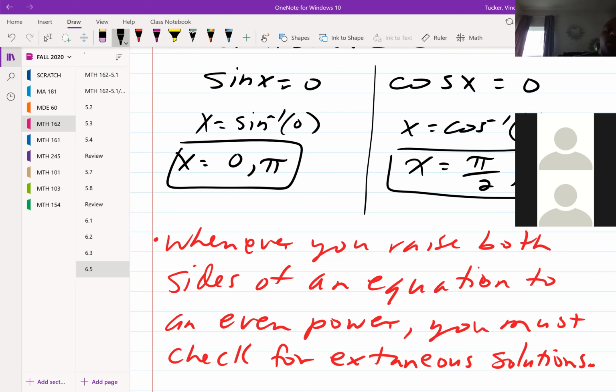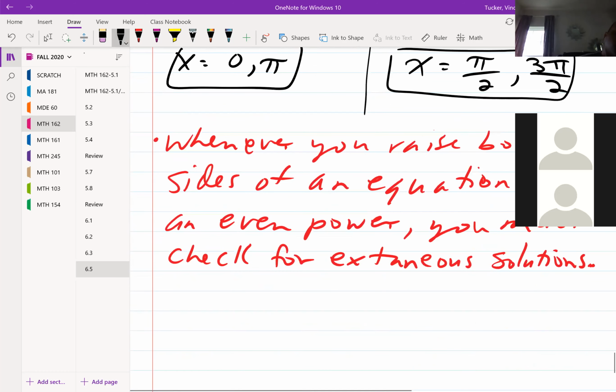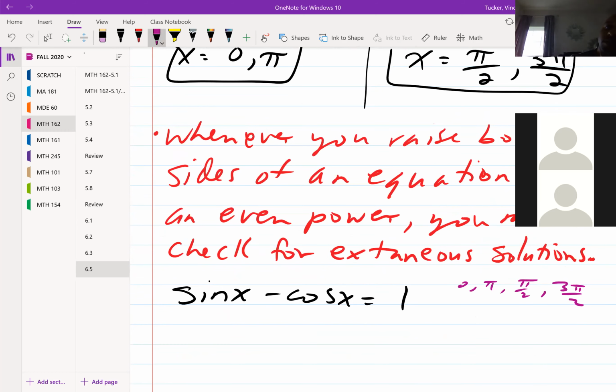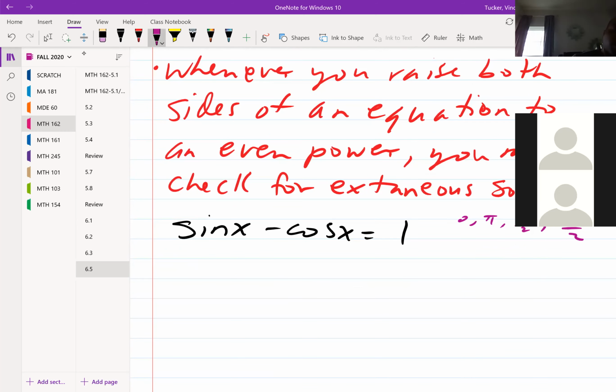All right. See, it was sine x minus cosine x equal to 1. So I'm going to put these right here so I don't have to flip back. All right, so let's plug them in.